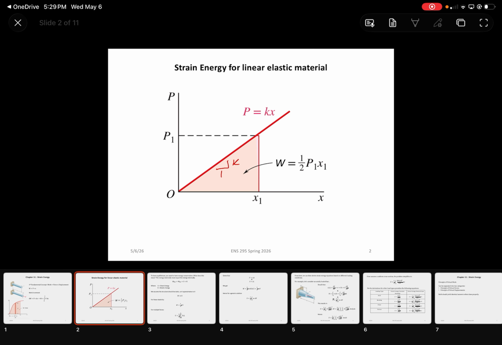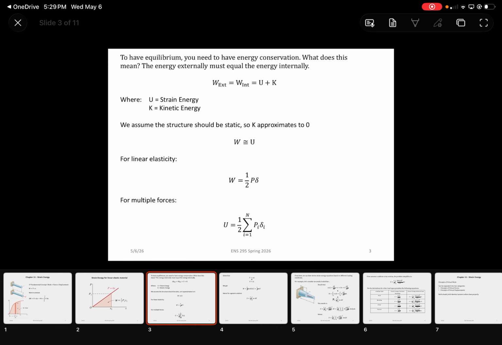Now, how do we go about using energy, all right? Well, what we first need to consider is equilibrium and energy conservation. What this means is that the external energy that's felt in a system has to equal the internal energy within a system. If you guys recall, for force equilibrium, the sum of the forces and sum of the moments equals 0 has to be observed for both internal and external equilibrium.